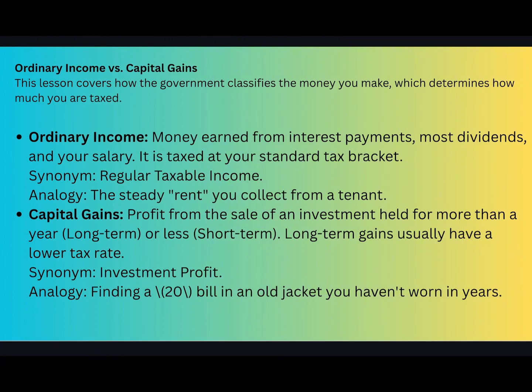A taxpayer who has passive losses in a given year may use those losses to offset any passive income received that tax year. Passive losses may not offset other types of income.